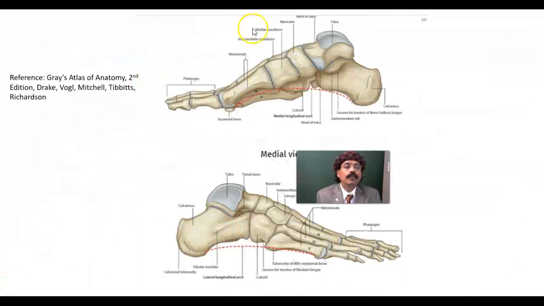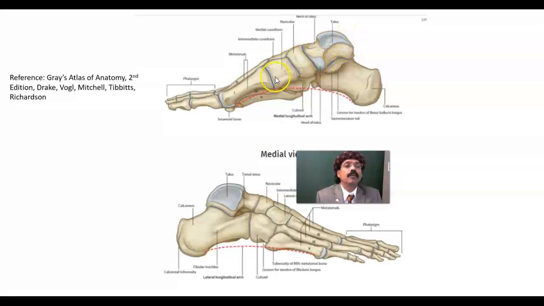Here we have the talus bone again, with the medial articular surface of the trochlear part. Here on the medial aspect, this is the comma-shaped articular surface. This is the neck, this is the head, and this is the body of the talus.